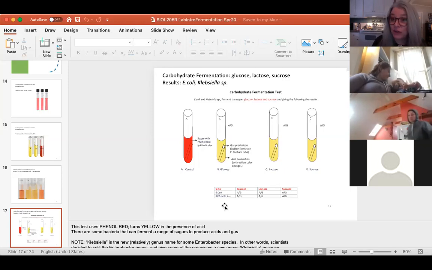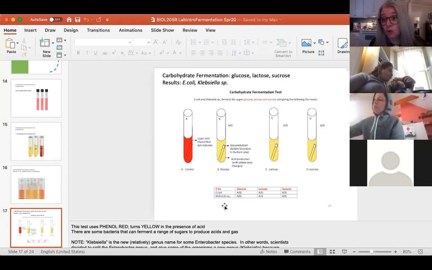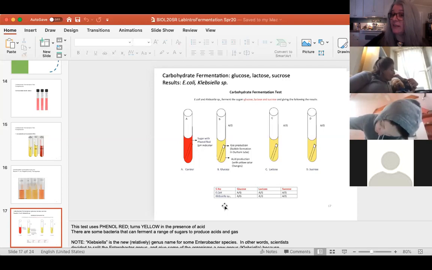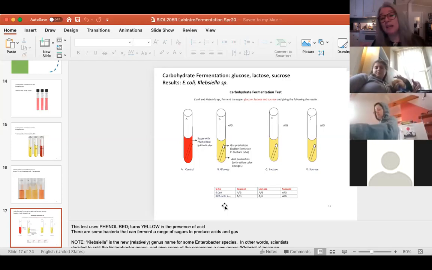Many years ago now, a group of the Enterobacter bacteria started to evolve on a slightly different path. And so we had to give them a new genus. We had to give them a new name, a new scientific name. And that's where Klebsiella came from. They used to be part of the Enterobacter, but now they have emerged on their own evolutionary pathway as Klebsiella.